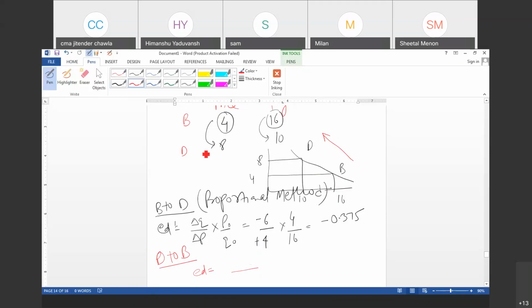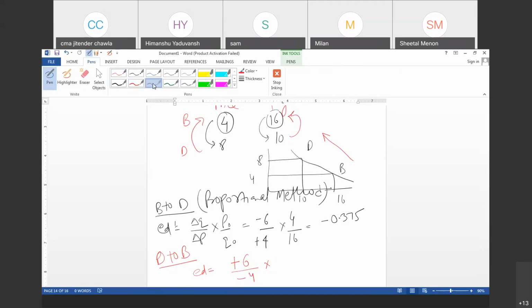ED from D to B. Change in quantity, look from here to here. Quantity increased, so I'm writing +6, and price decreased, so I'm writing -4, into what is initial now?